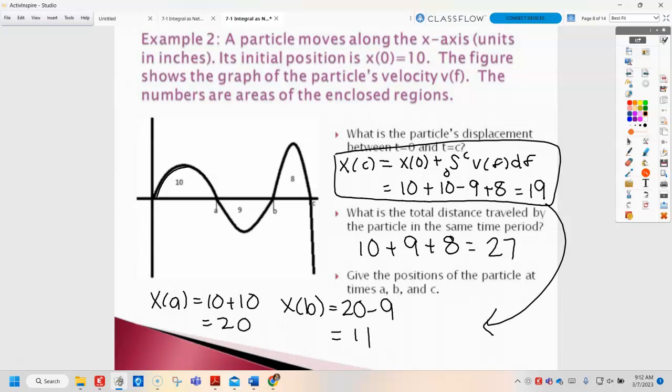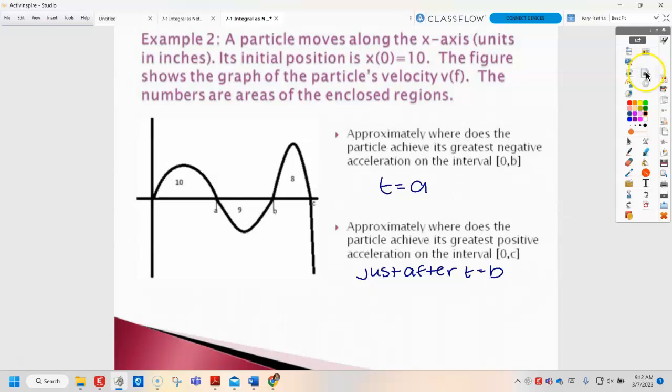Going backwards in time and then incorporating derivatives with this problem. It says, where does the particle achieve its greatest negative acceleration?